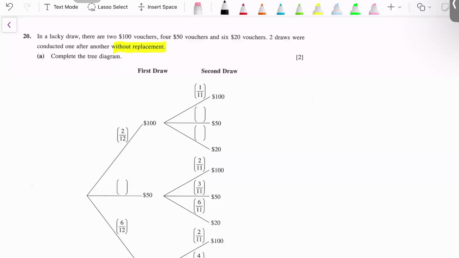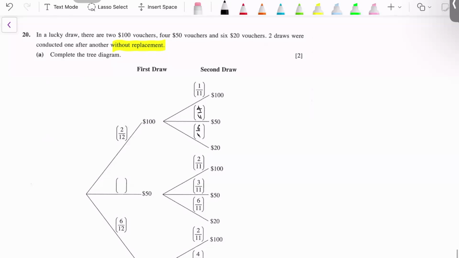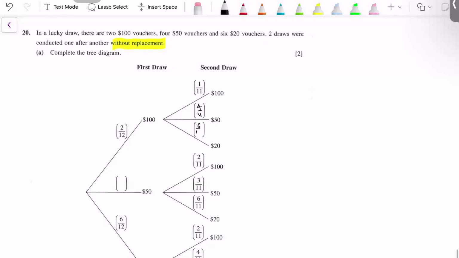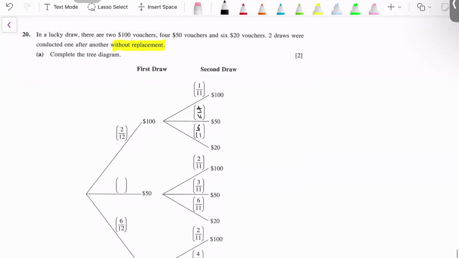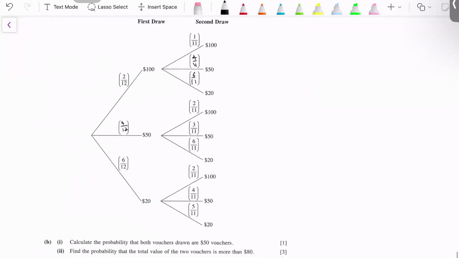Okay, so if the first draw is $100, and the second draw, the probability for $50 is 4 of 11, and $20 is 6 of 11. And the probability of us getting a $50 for the first draw is 4 of 12. Okay, and the rest of it are being filled up.